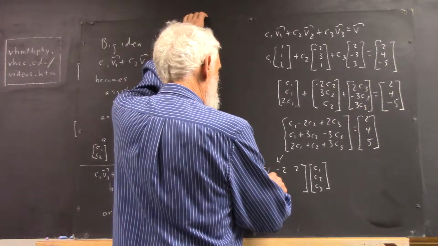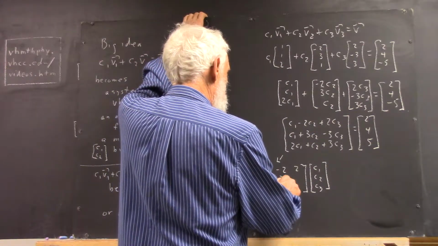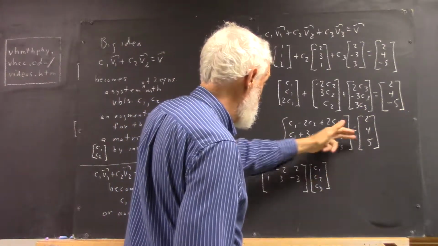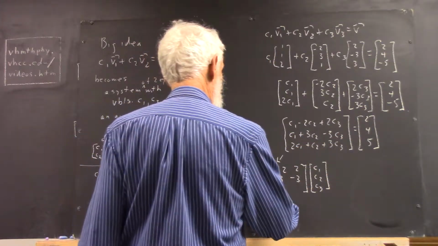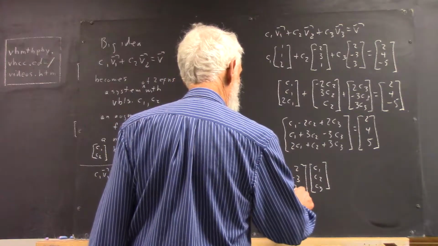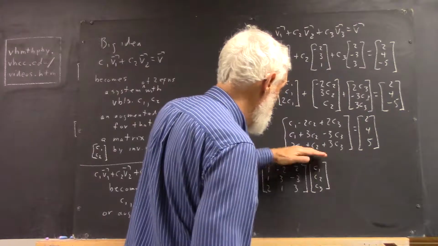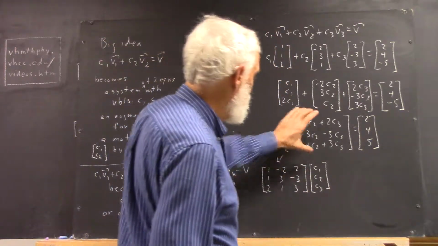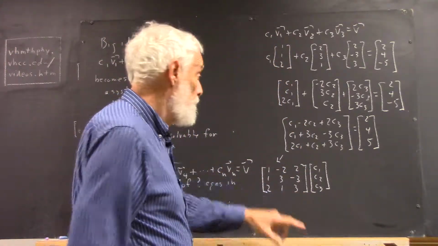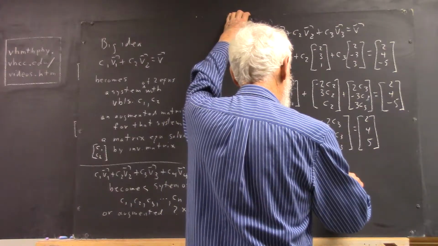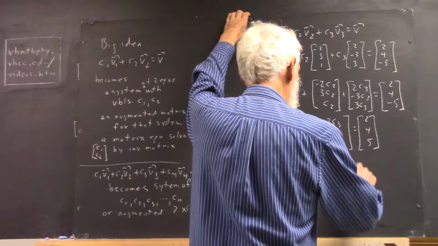Then we have 1, 3, negative 3, and you can verify that this row times this column gives us this row. And then we have 2, 1, 3, and you can verify that that row times this column gives us the third row of this matrix. So the left-hand side of the matrix can be written this way, and the right-hand side as 2, 4, 5.